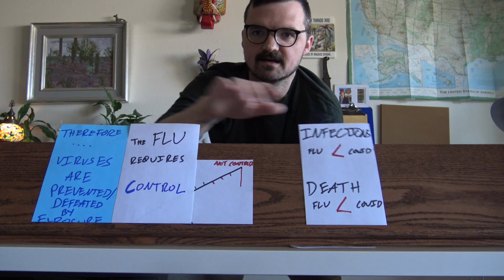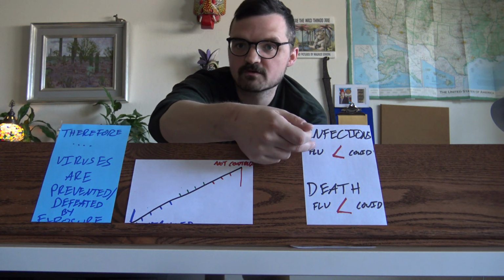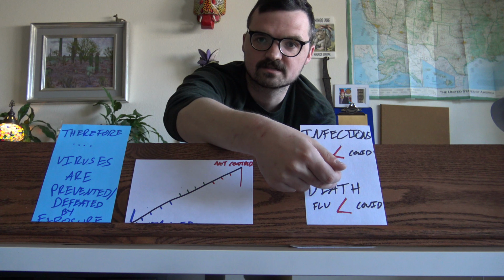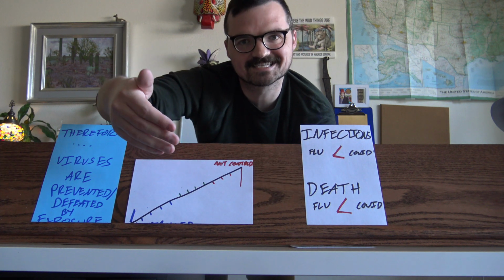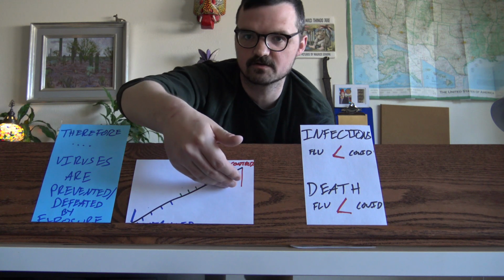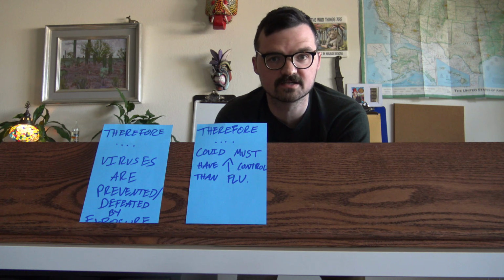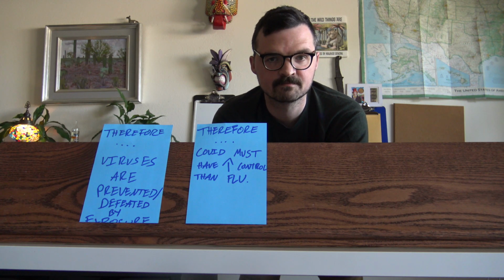The flu is our baseline, and this disease is more infectious and more deadly than the flu, so logic suggests that we should go to a more controlled scenario. We should not go to a less controlled scenario. Make sense? So now the question is, where does this land us? What do we have so far?